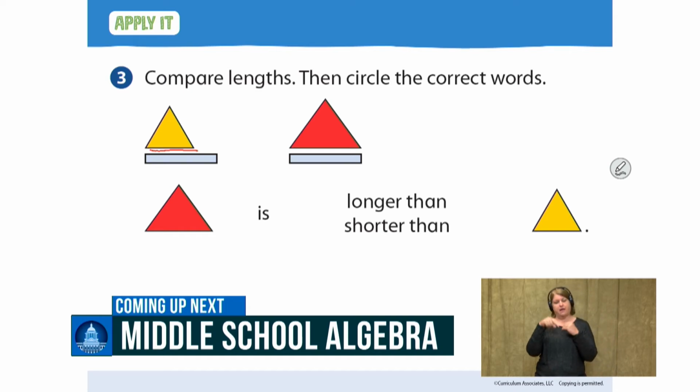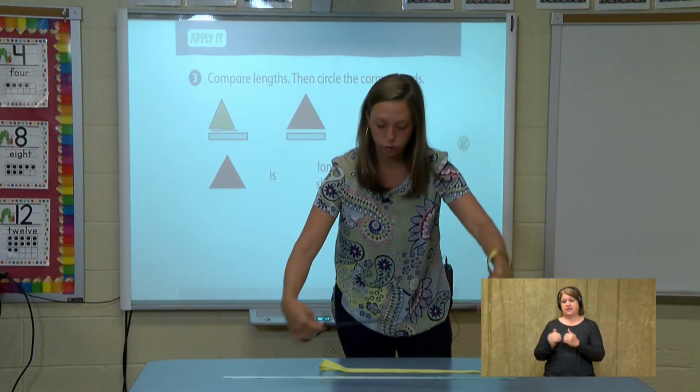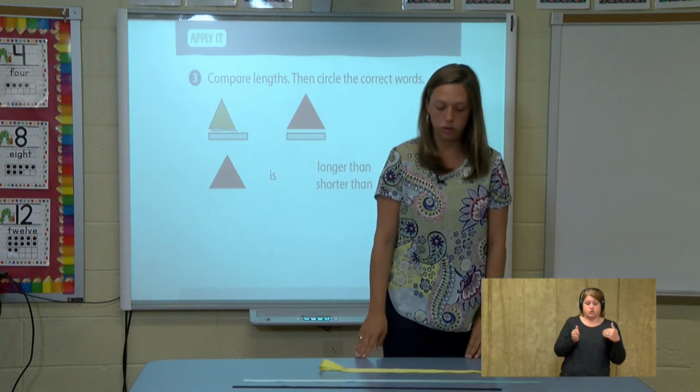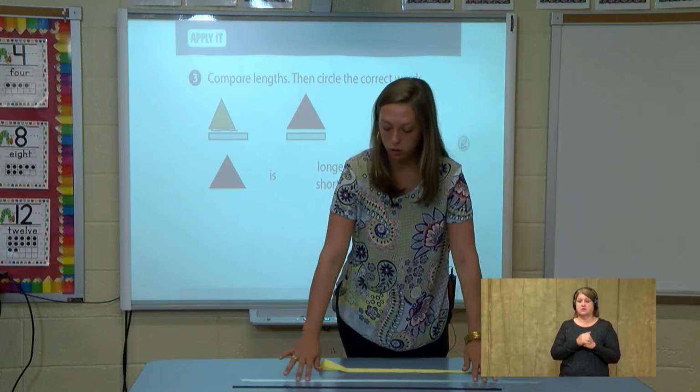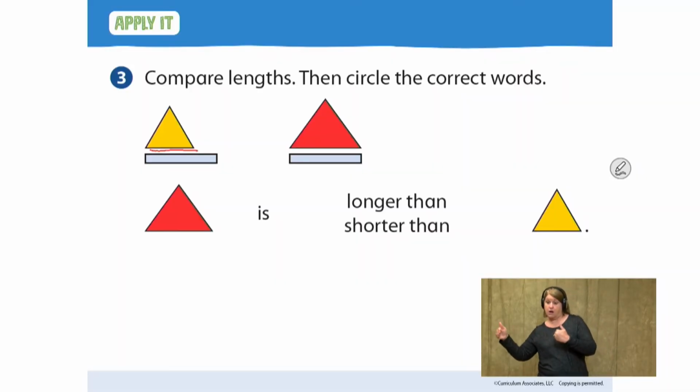The red triangle is longer than the yellow or shorter than the yellow? Remember when we're comparing, is it longer or shorter? Is the red triangle longer than the yellow or shorter than the yellow?